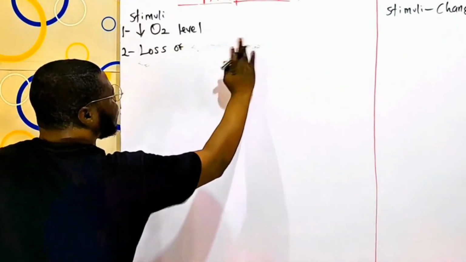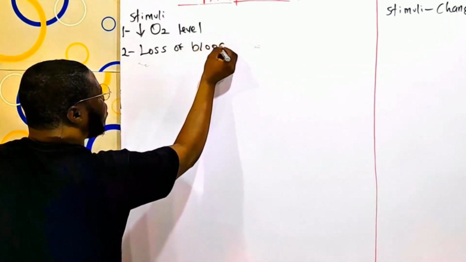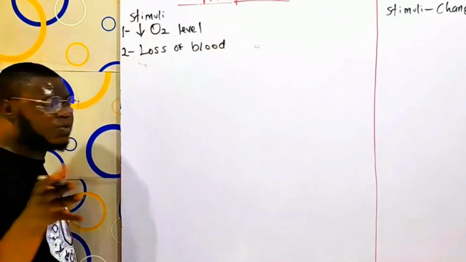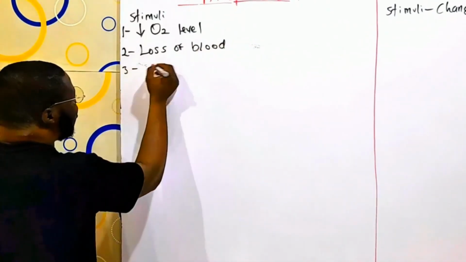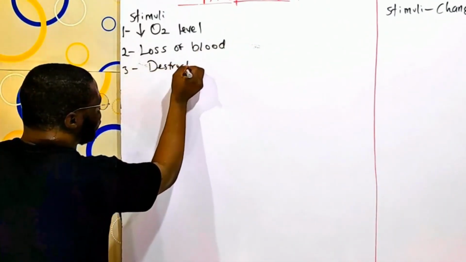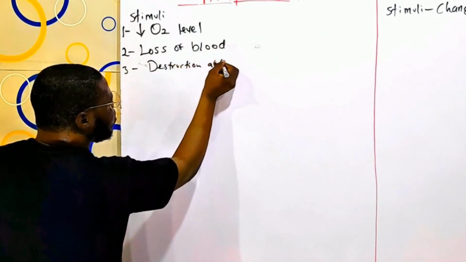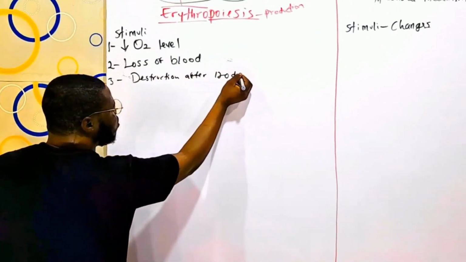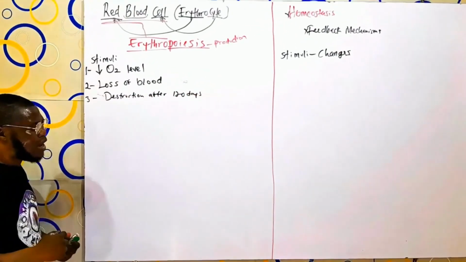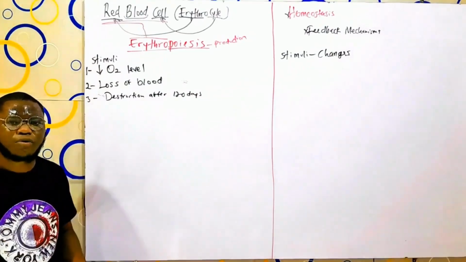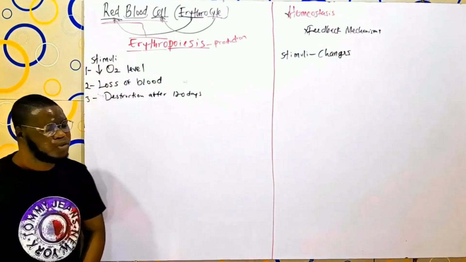Follow these. Loss of blood. And another thing you can use is destruction of these red blood cells after 120 days. We can have a lot more stimuli, but this is enough just for starters.